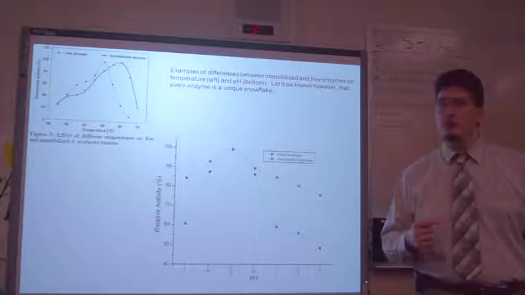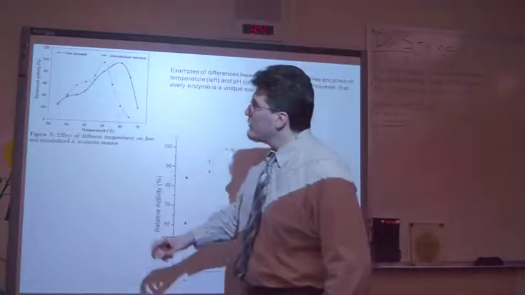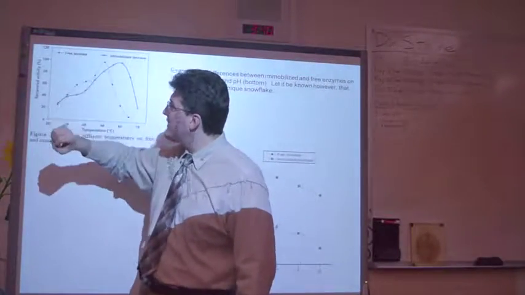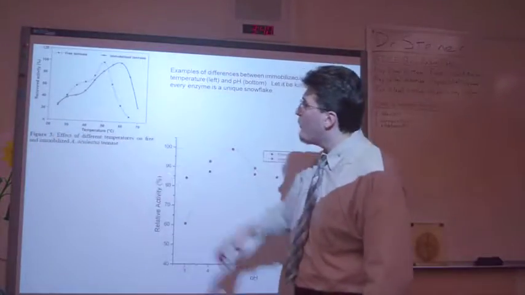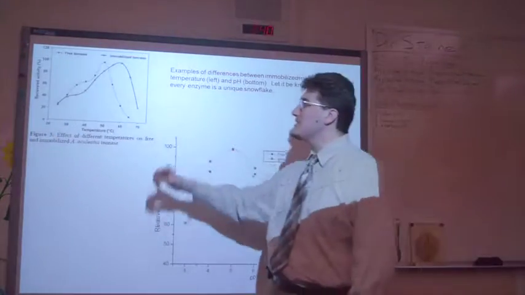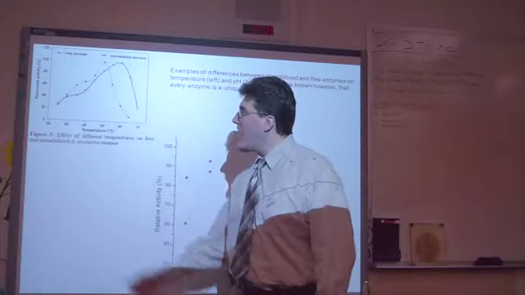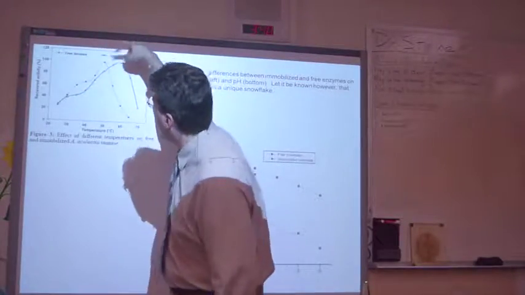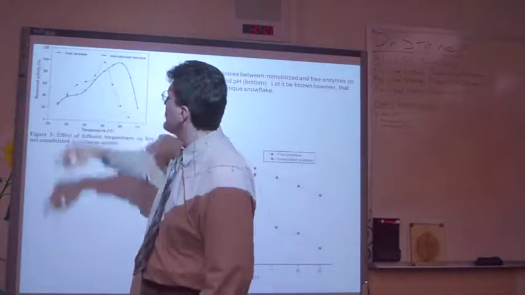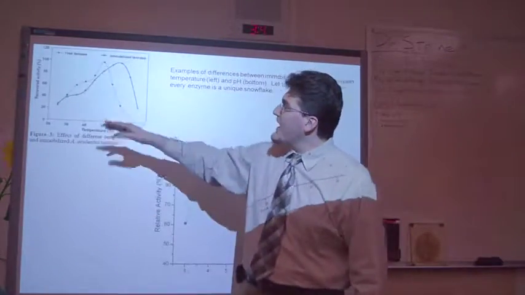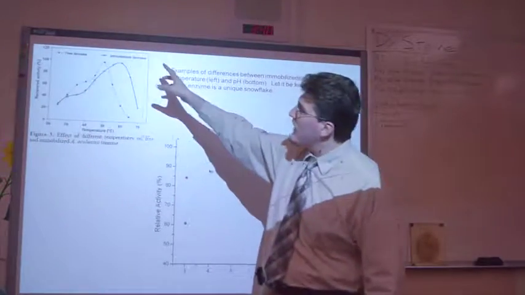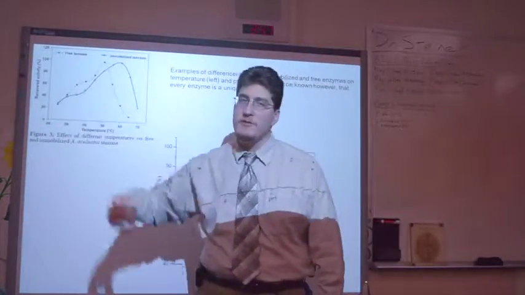You should be able to read this simply by reading the axis. The y-axis is recovered activity percentage, and the x-axis is temperature in degrees Celsius. And these lines are coded by type, so immobilized tannase and free tannase. The activity is shifted to the right for the immobilized, and shifted to the left for the free.